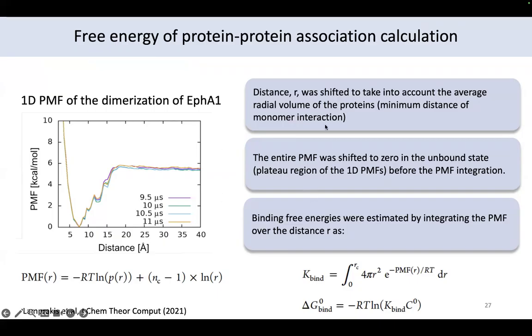So I'm writing the conditions here: we had to shift the distance to take into account the average radial volume of the proteins, to shift the entire PMF to 0 to get the delta G, and to estimate the binding free energies by integrating the PMF, this curve, using this formula. And this is a transmembrane protein, so it's in two directions.